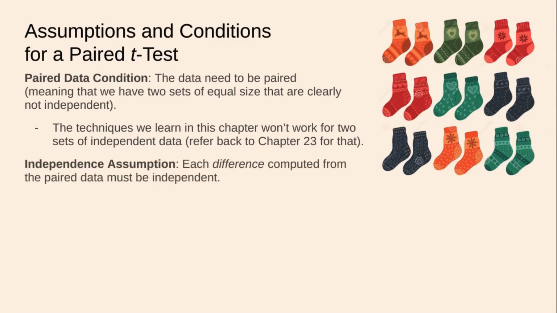We need to assume independence of the differences. So each difference, before minus after, one group versus another group in which the groups are dependent. You compute differences, but we need to make sure those differences from the paired data are independent.